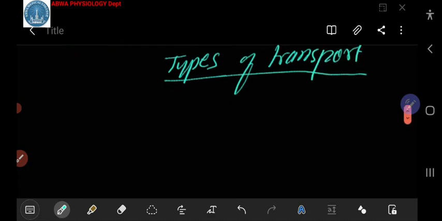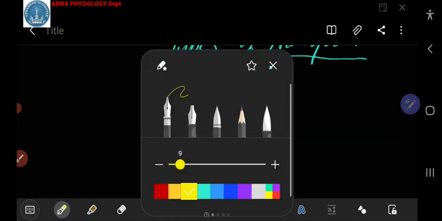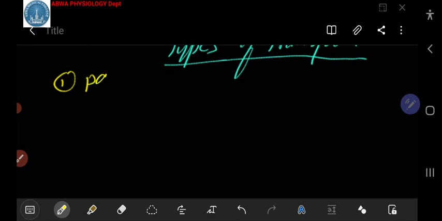Now we come to know about the types of transport, that is, which medium or which types of transport can lead to a movement of these substances. There are many types, and we start with the most simple. Number one is passive, with no energy needed.